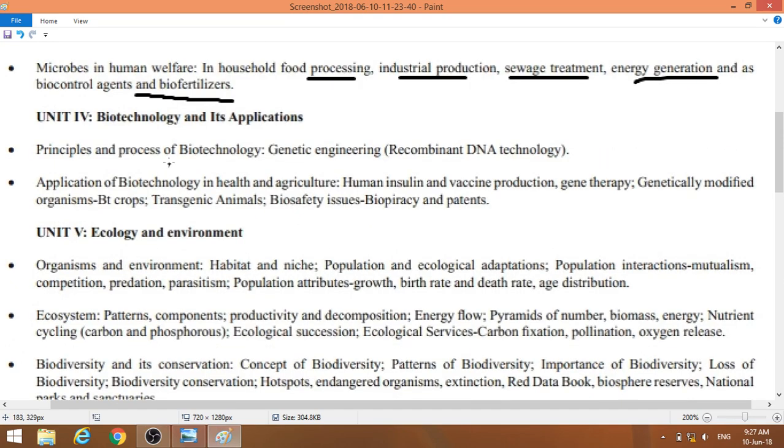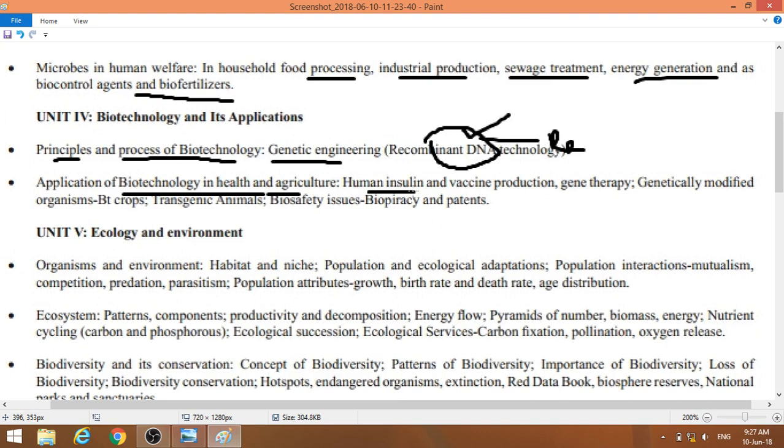Then biotechnology and its applications, principles and process of biotechnology, genetic engineering, recombinant DNA technology. So there is a question related to the retrovirus. It was from here. Application of biotechnology in health and agriculture, human insulin, vaccine production, gene therapy, genetically modified organisms.